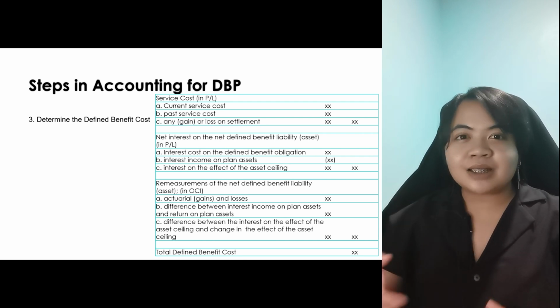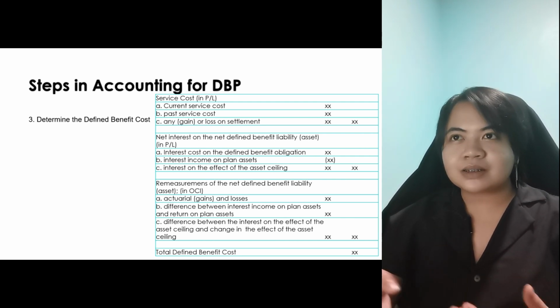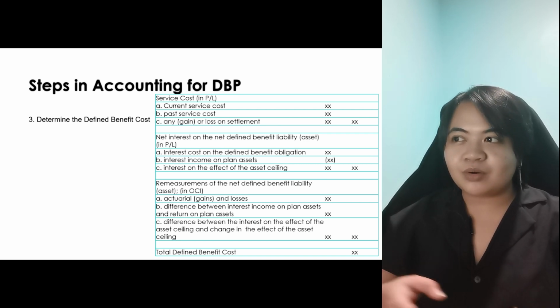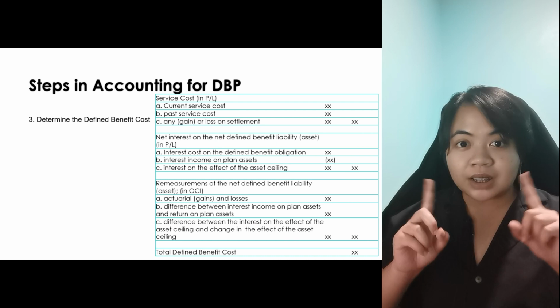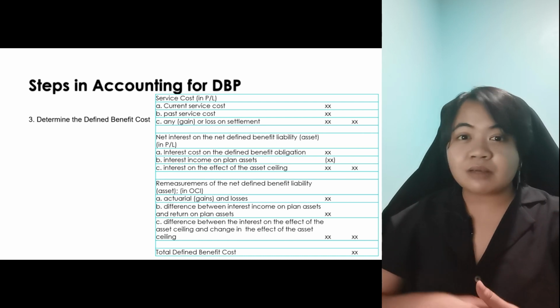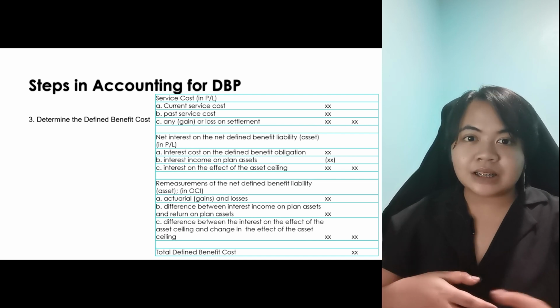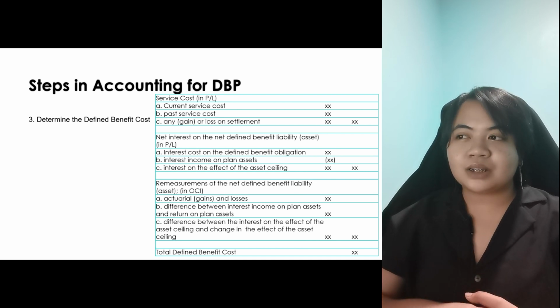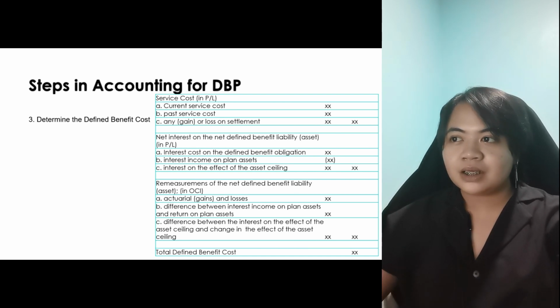Then, the interest income naman is sa plan asset. So, you have to multiply the discount rate on the fair value of the plan assets, para makuha mo si interest income. So, income siya, kaya siya minus. Kaya kinukompute mo kasi cost, kaya naka-minus ang interest. Okay? Then, interest on effect of the asset ceiling. So, sa asset ceiling mo naman siya ibabangga yung discount rate. Okay? Then, you can compute for the net interest on the net defined benefit liability or asset.